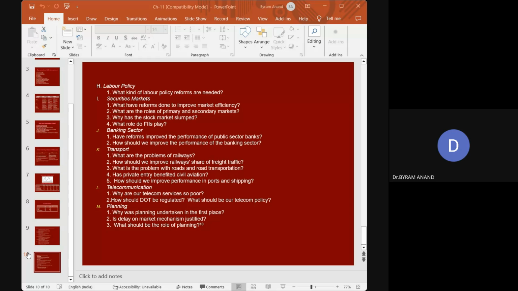Now, when you come to the revolution in the country, we talk about the business environment, which is related to the economic structure. Now we talk about family management and professionalism.